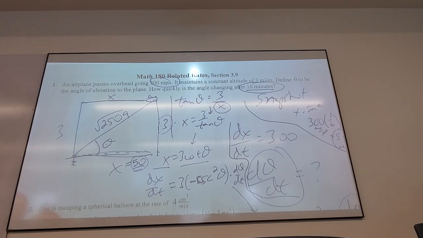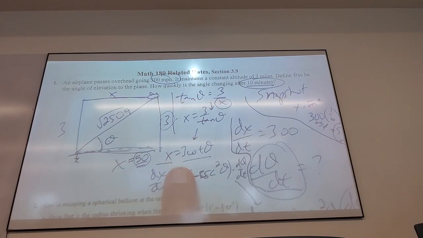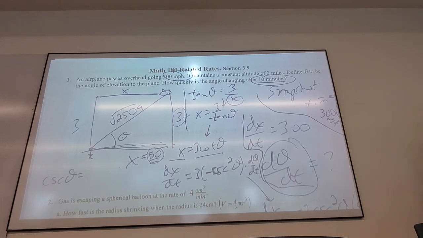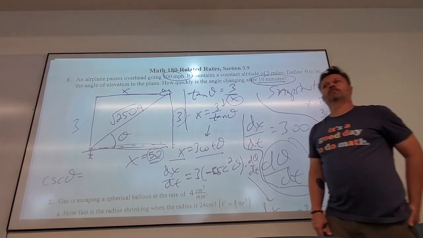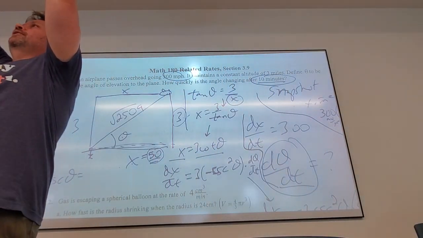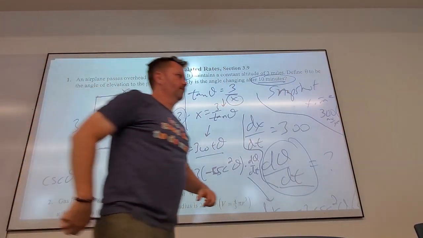So what is the cosecant then? In fact, let's be even better. What's the cosecant squared? First off, what's the cosecant? 1 over something. Hypotenuse over y. So the square root of 2509 over 3. Okay.